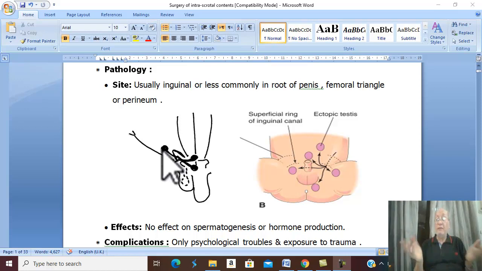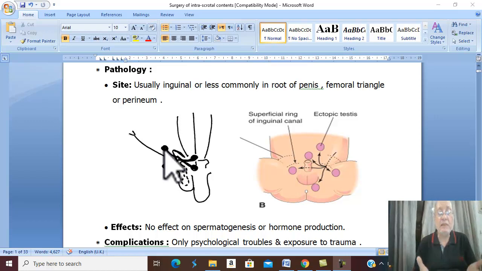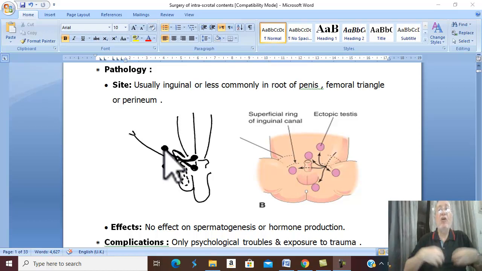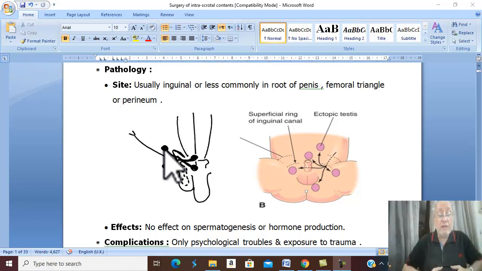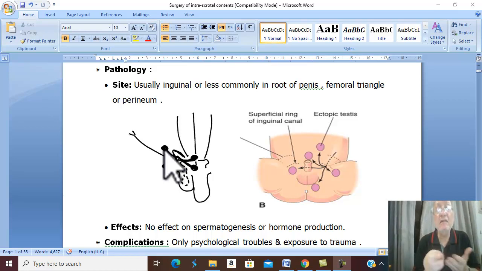We all know that any structure superficial to the muscle becomes more prominent when the muscle contracts, which is the ectopic testis. The undescended testis is deep to the external abdominal oblique. Therefore, on contraction of the muscle, the testis becomes more hidden and disappears.